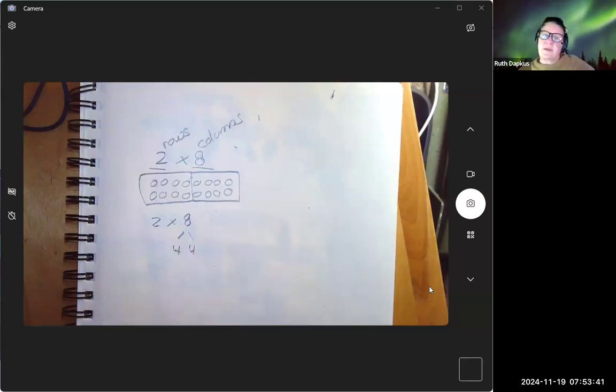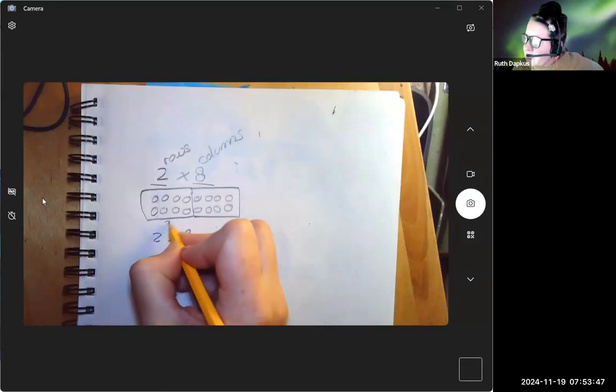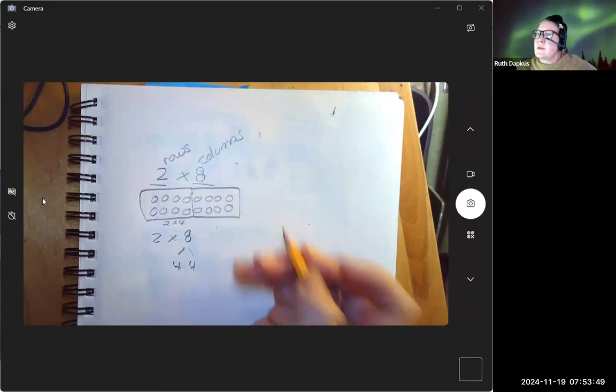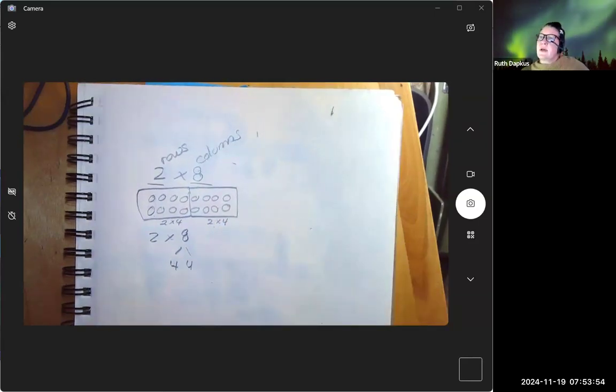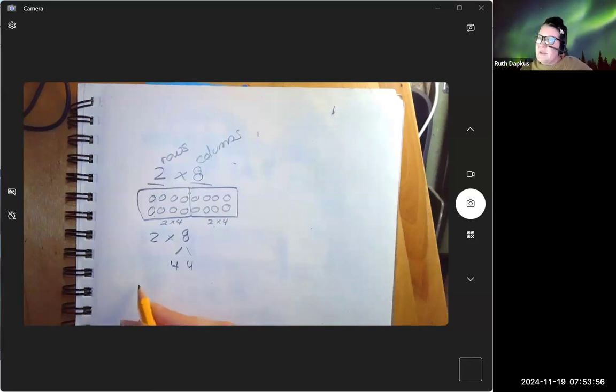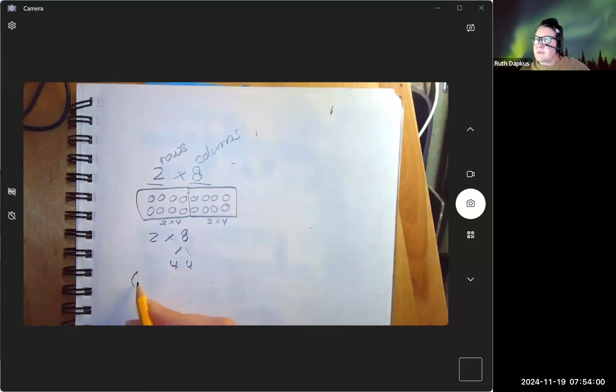So we can also write multiplication sentences for these 2 smaller problems. This would be 2 times 4, and this would be a 2 times 4, right? And then if we wrote that in as a number sentence, a multiplication sentence for this, we use our parentheses, right?